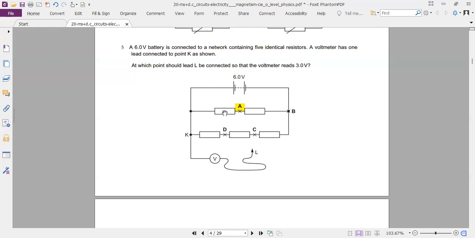So for these two resistors connected in series, they will divide the voltage equally because they're identical. That means 3 volts here, 3 volts here. So if you place the L point here, that will read 3 volts. That's the requirement.